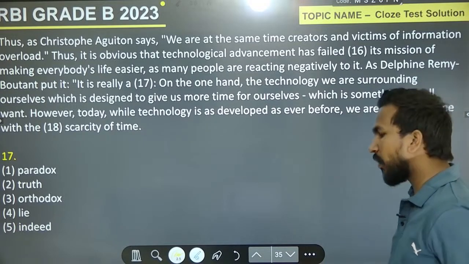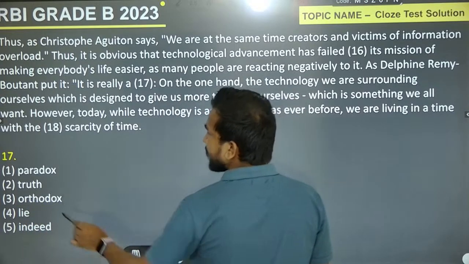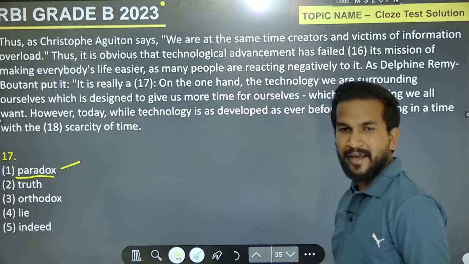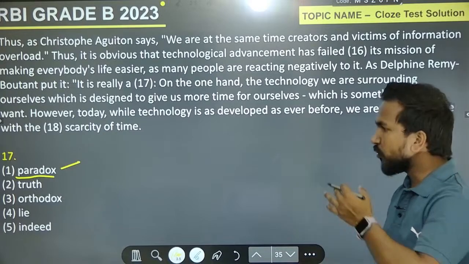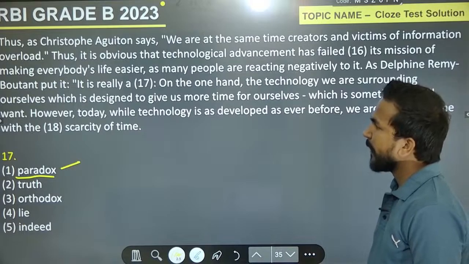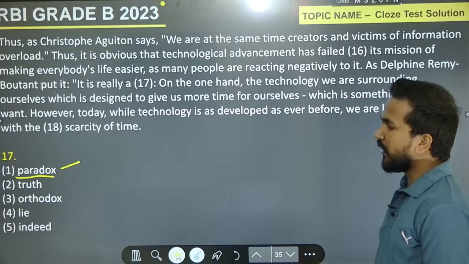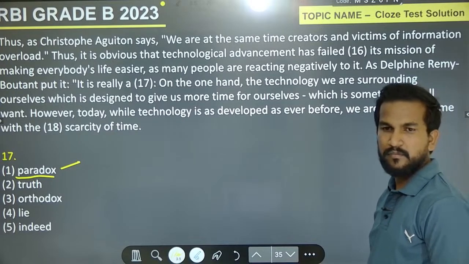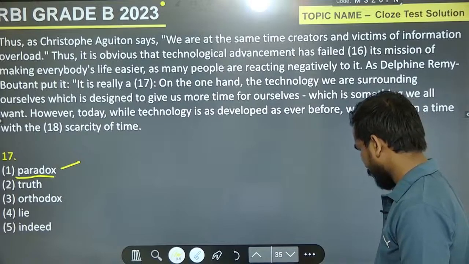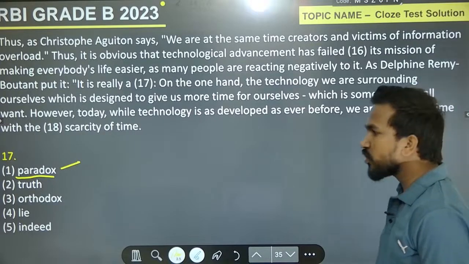You very well know that orthodox is a type of personality, and paradox is a situation where people usually get confused, entangled, or perplexed. Please go for the right one.